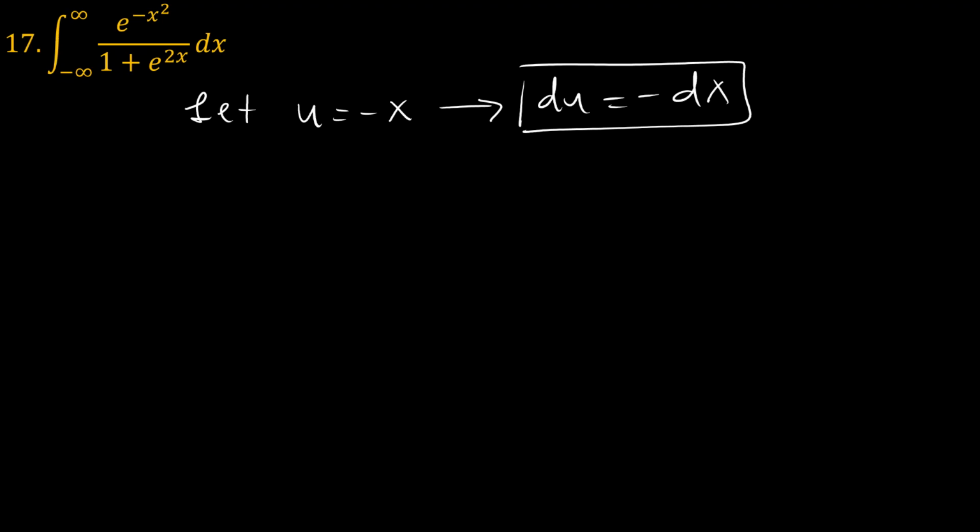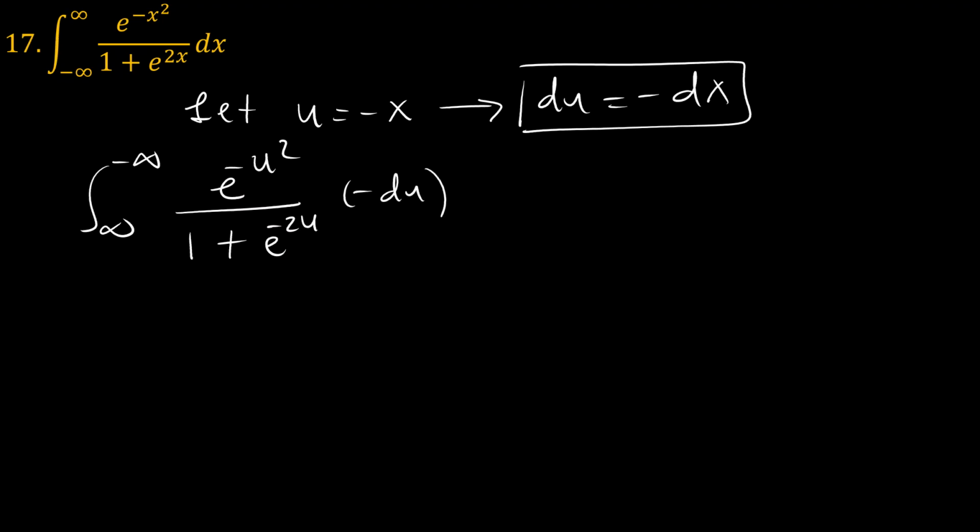And so this becomes infinity, we have 1 plus e to u, negative du. This becomes, with this negative sign, helping us invert the limits.